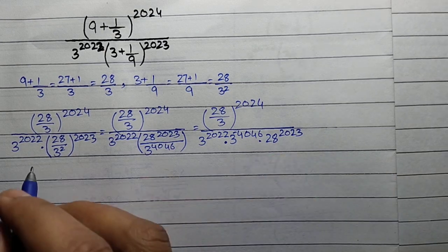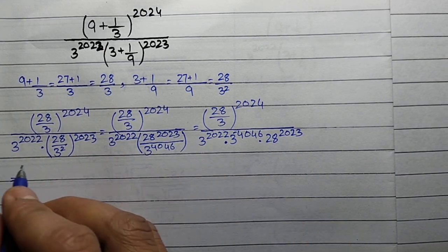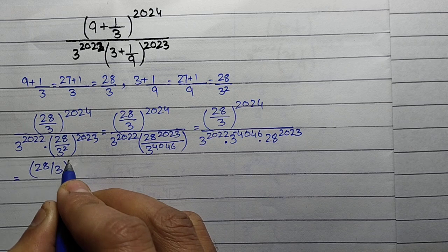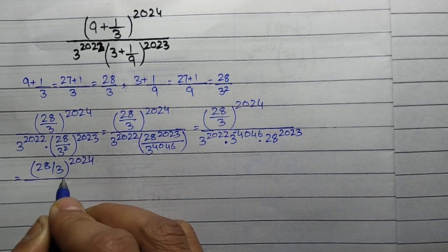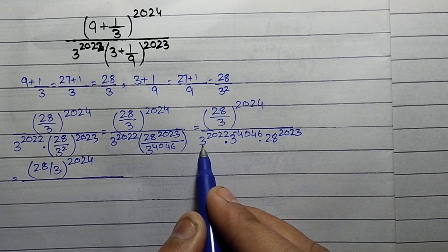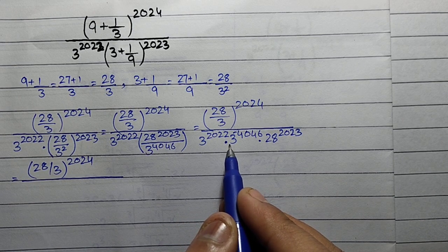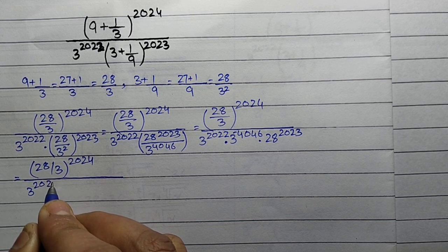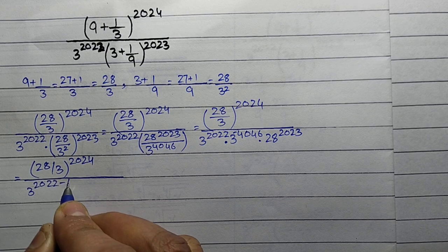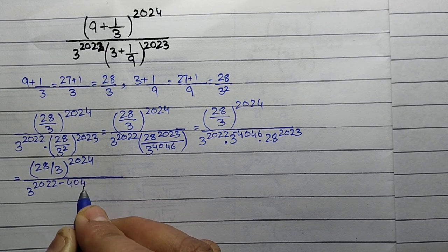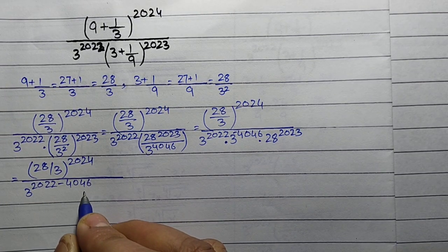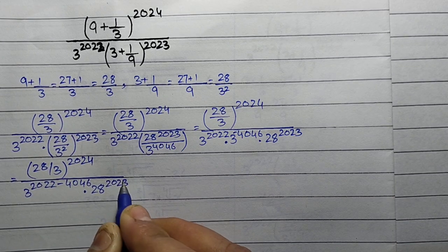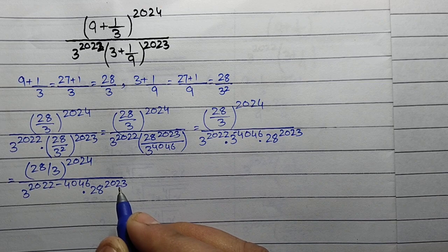And now this can be simplified as 28 over 3 raised to power 2024 over, now these 3 and this 3 are multiplying, so we can write this 3 raised to power 2022 minus 4046. We have actually used a law of exponents, which is that I will write this 28 raised to power 2023. This law of exponents has been used here.